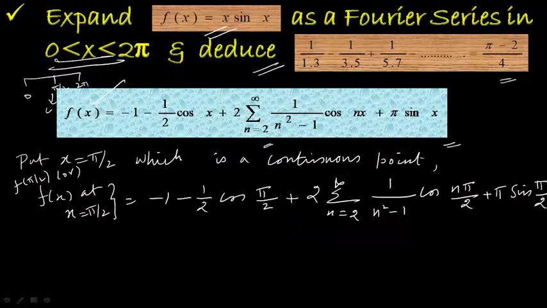You know the value of cos pi by 2 and sin pi by 2. Cos pi by 2 is 0 whereas sin pi by 2 is 1.